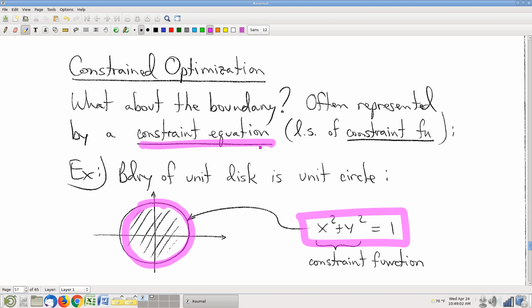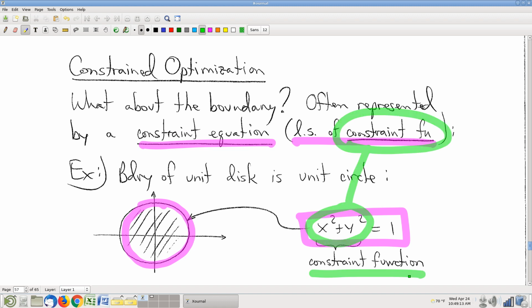Notice all equations can be thought of as level sets. Right? This is a level set of x squared plus y squared. It's a level set of that certain function. That function is called the constraint function. Okay. So make sure to distinguish between the constraint equation and the constraint function. The connection is by way of level sets. If your constraint equation is like x squared plus y squared equals x, you've got to take that x and move it over to the other side, thus writing it as an expression equals constant, before you can say that's a level set, and therefore this thing is a constraint function.